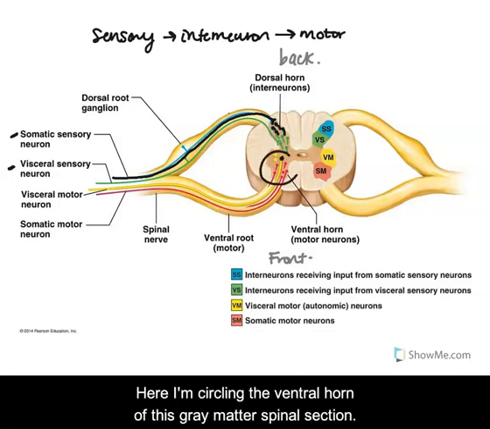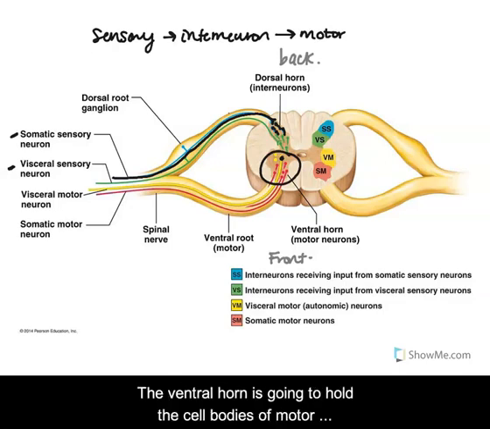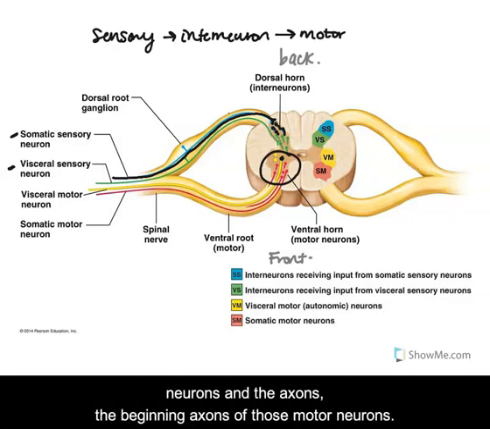Here I'm circling the ventral horn of this gray matter spinal section. The ventral horn is going to hold the cell bodies of motor neurons and the beginning axons of those motor neurons. So here are my interneurons.